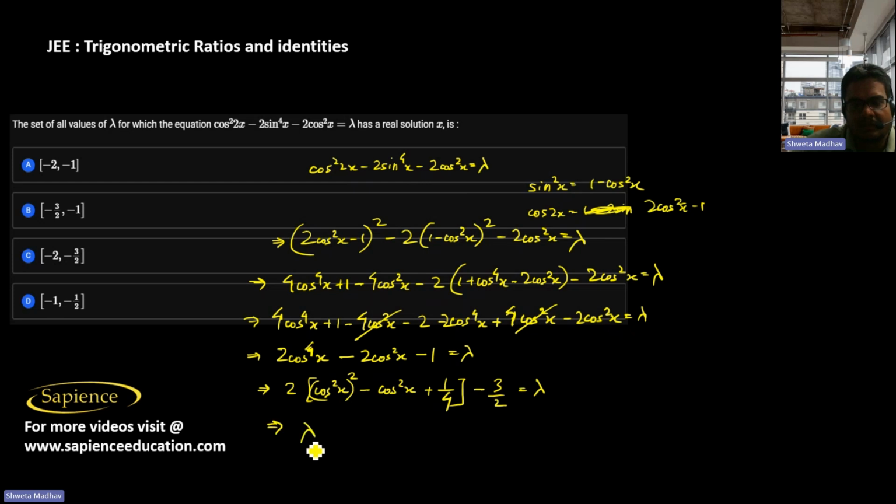So lambda will be equal to 2 into cos square x minus half whole square, minus 3 by 2. Now cos square x value will go from 0 to 1, and then cos square x minus half will go from minus half to plus half.